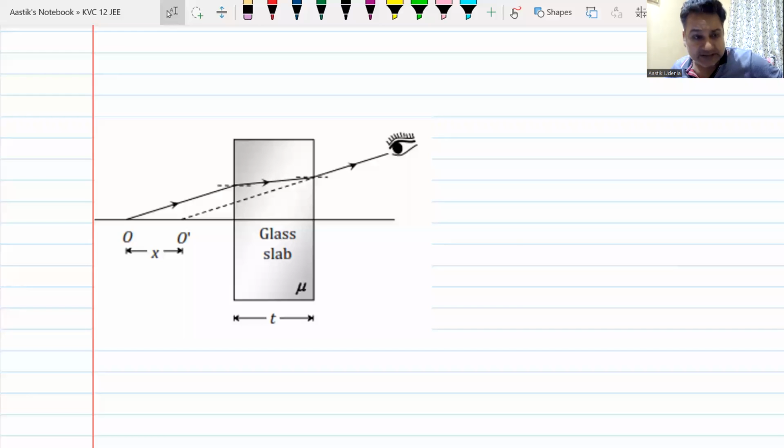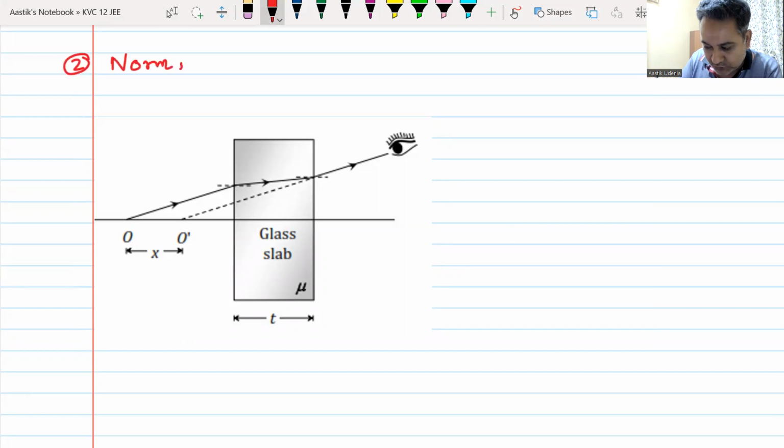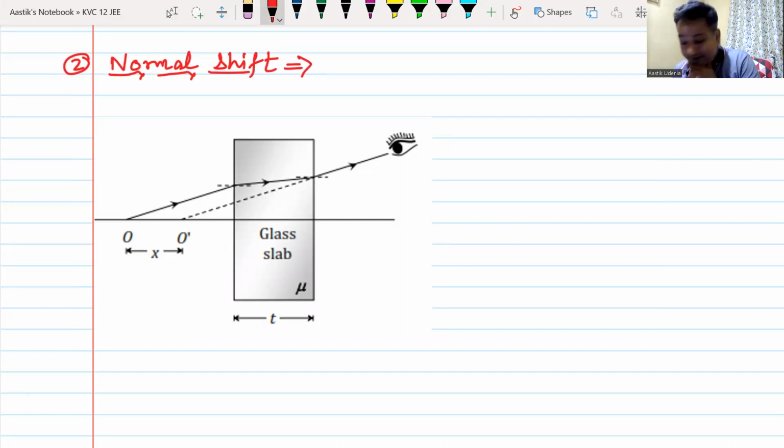Okay, the first thing that we did was known as lateral shift. The next thing that we are going to do is known as normal shift. So there are two types of shifts that you will have to encounter. One is the lateral shift and the other one is the normal shift. And you can see here, on one side I have air, the other side I also have air, and then I have a glass whose refractive index is mu.